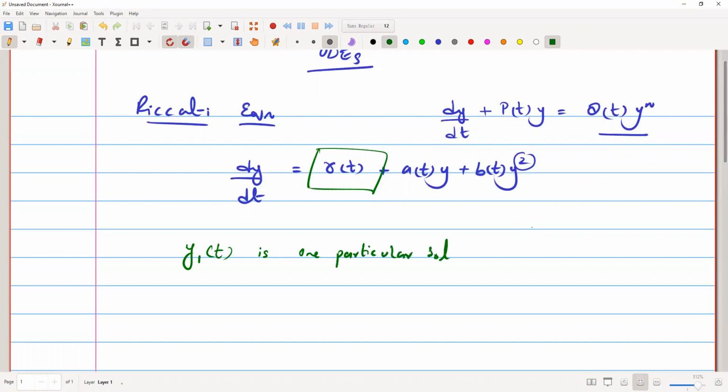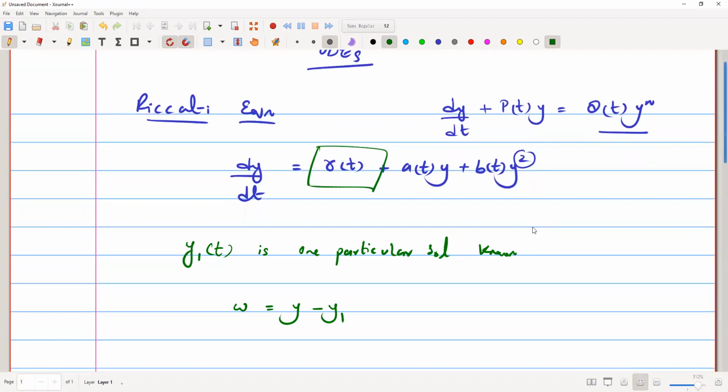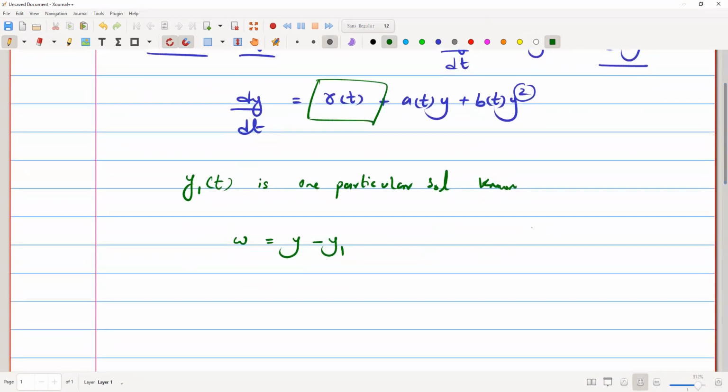All right, so if y1 of t is known, then we can just use this substitution, that is w equals y minus y1, where y is another solution, y1 is the one known solution, and y is the unknown solution. So from here we can write dw over dt equals dy over dt minus dy1 over dt, right?